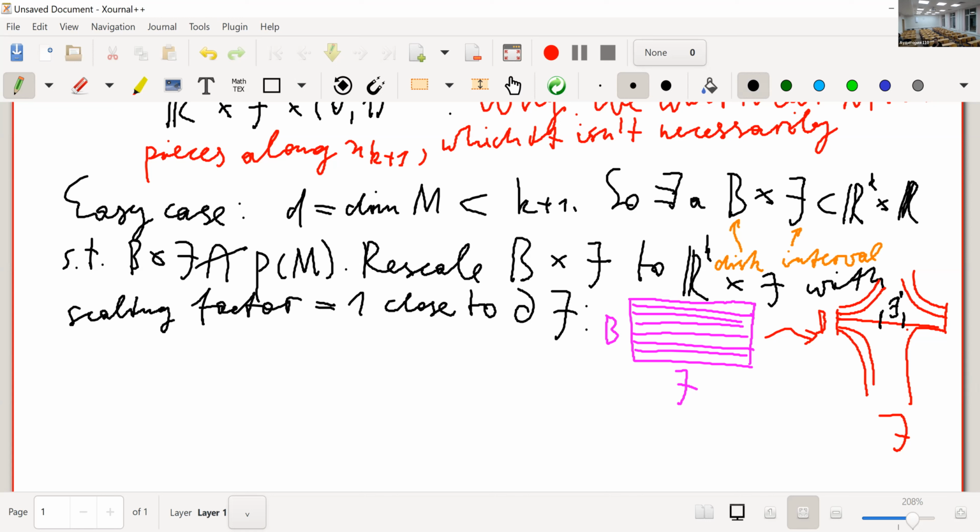Is it infinity? And what does this mean?